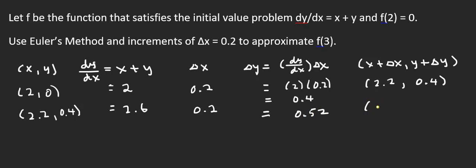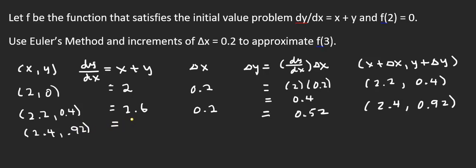So our next x value is going to be 2.4. I got that from 2.2 plus 0.2, comma, y plus delta y, which is 0.4 plus 0.52. That's 0.92. Okay? And then our next point is 2.4, comma, 0.92.